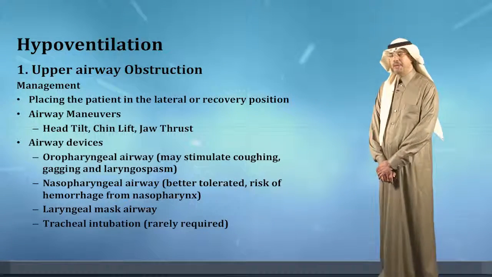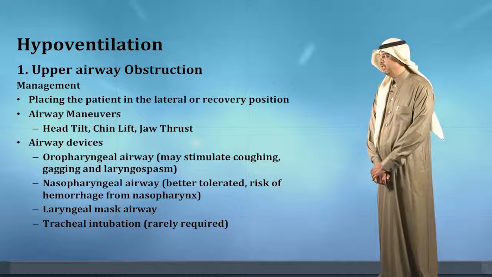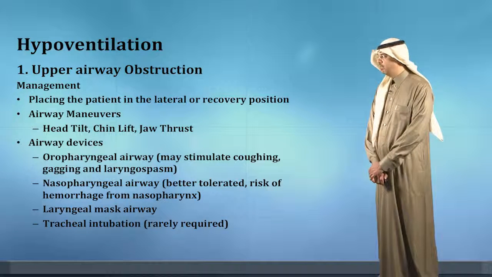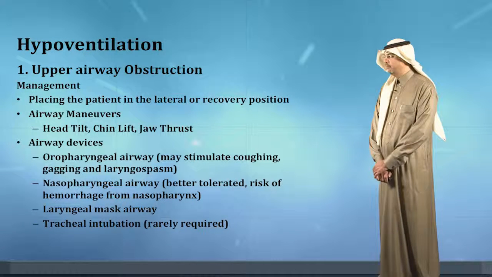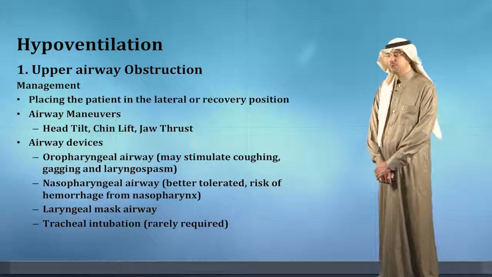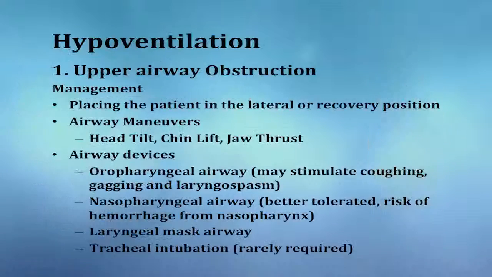It's very important to manage these post-operative problems related to upper airway obstruction. First of all, we need to place the patient in the lateral or recovery position and to maintain the airway. We might utilize some airway devices to help us do that, such as the oropharyngeal airway, nasopharyngeal airway, laryngeal mask, and tracheal intubation.